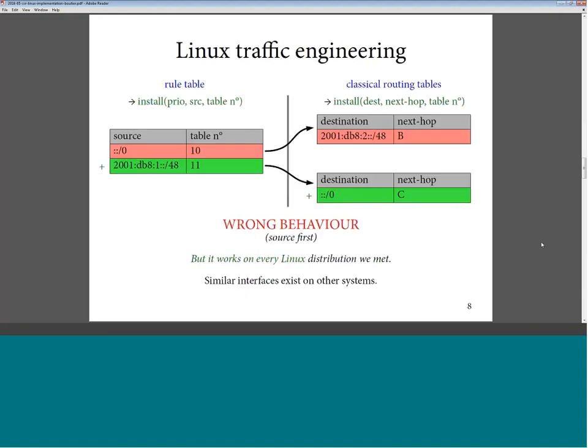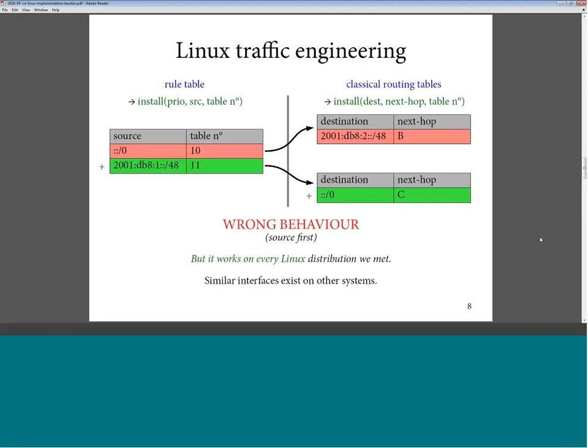So if you can't afford to use IPv6 subtrees, you can use traffic engineering. Basically, packets pass before routing through a list of rules, and for our concern, these rules match the source address of the packet and associate a destination routing, a classical routing table, and then the packet is routed according to this table like classical routing.